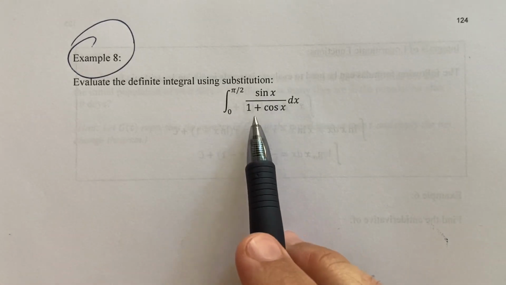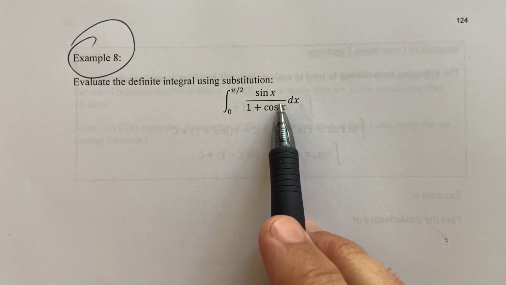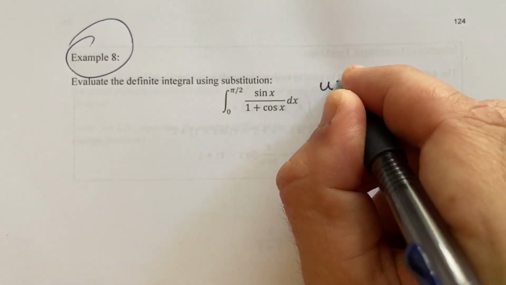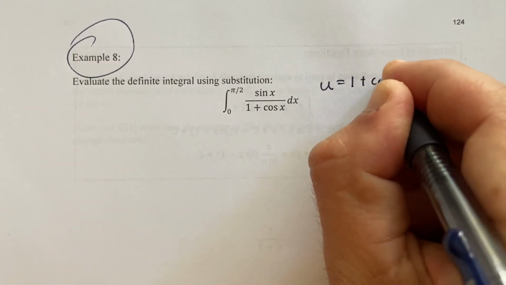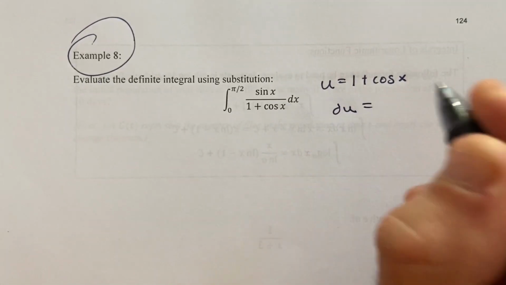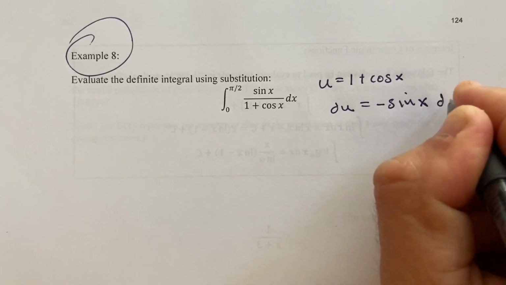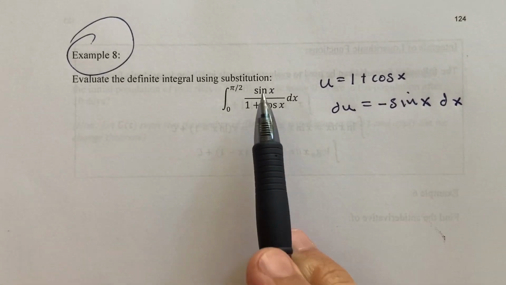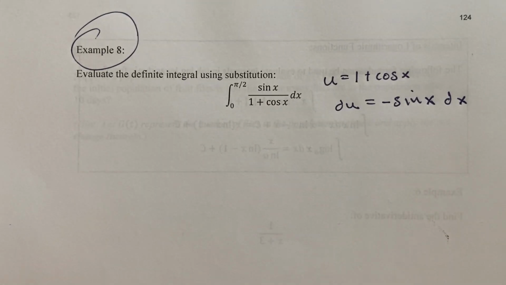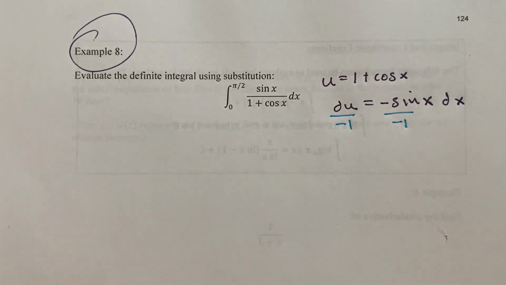So I'm noticing a sine, a 1 plus cosine. So if I let u equal 1 plus cosine, I think good things will happen. So u equals 1 plus cosine of x, then du would equal negative sine x dx. And that's nice because I have sine x dx. I don't have the negative, so I'll need to offset that by -1.